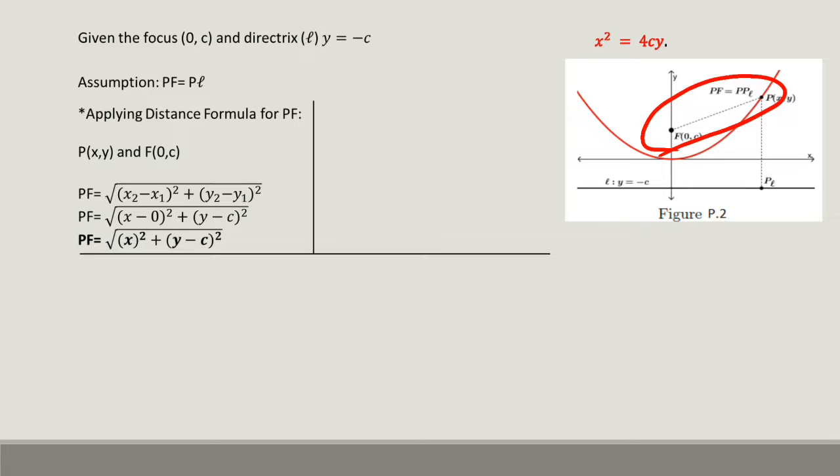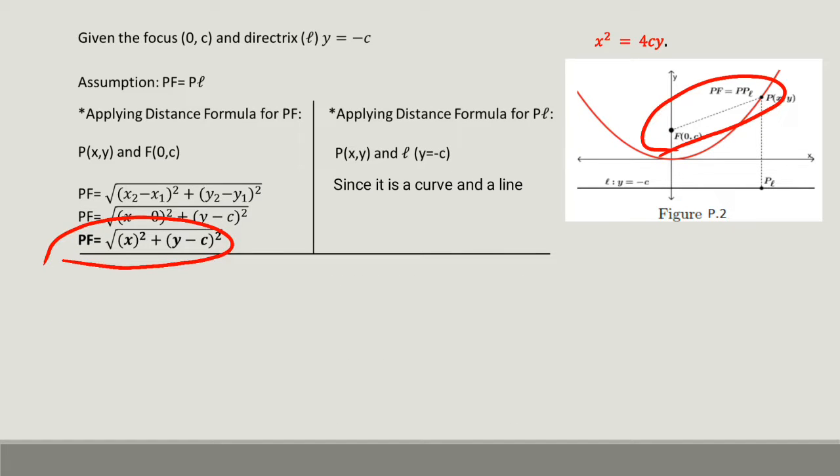So, using distance formula, meron tayong (x minus 0) raised to 2, plus (y minus c) raised to 2. So, meron tayong distance that is square root of x squared plus (y minus c) raised to 2. Next, kukunin natin ang equation ng directrix.